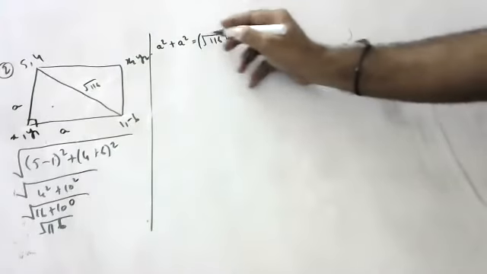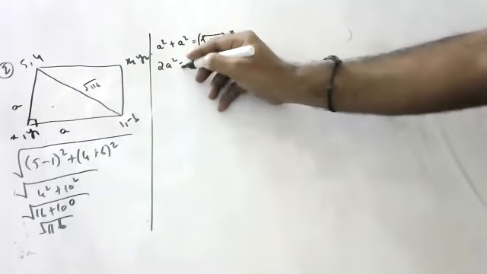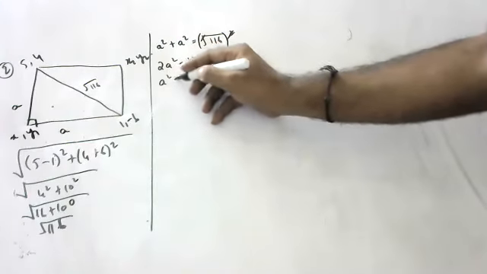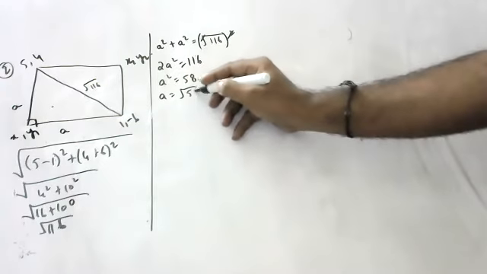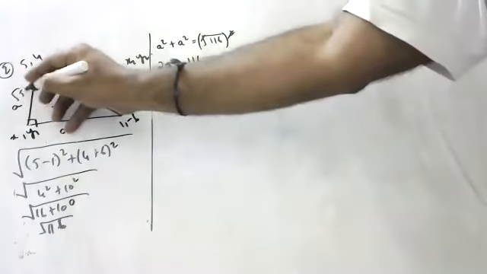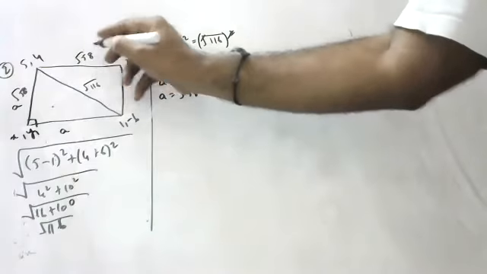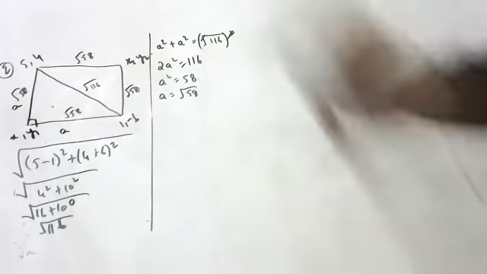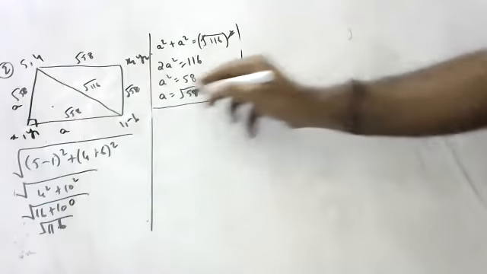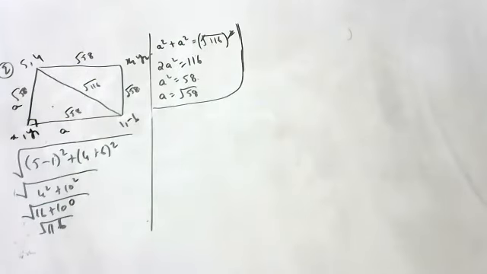So 2a square is equal to 116, a square is equal to 58, a is equal to root of 58. This is root 58, this is also root 58, this is also root 58. All sides we have got, children.